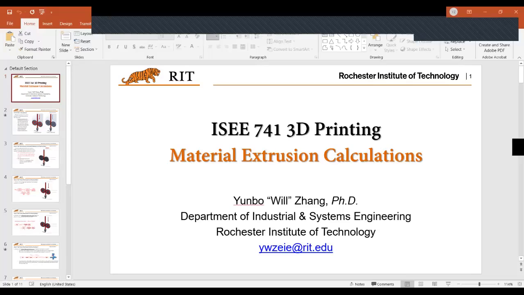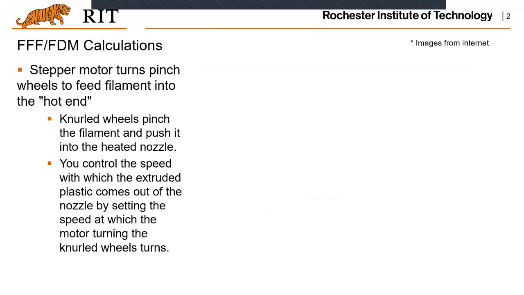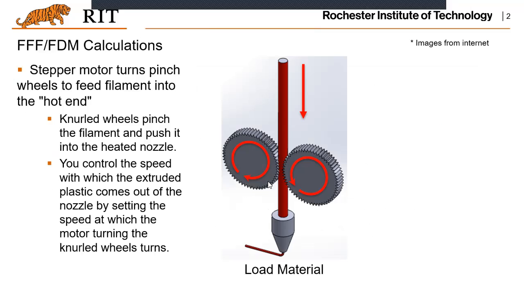Okay, let's continue the lectures. Again, we have some calculations about the material extrusions. So first of all, that is the feeding system, right? If we simplify the whole system, it's just like something shown here. You have motors, and the motor will drive the knurled wheel, and this knurled wheel has a screw on it, and it pinches the filament and pushes it into the heated nozzle.